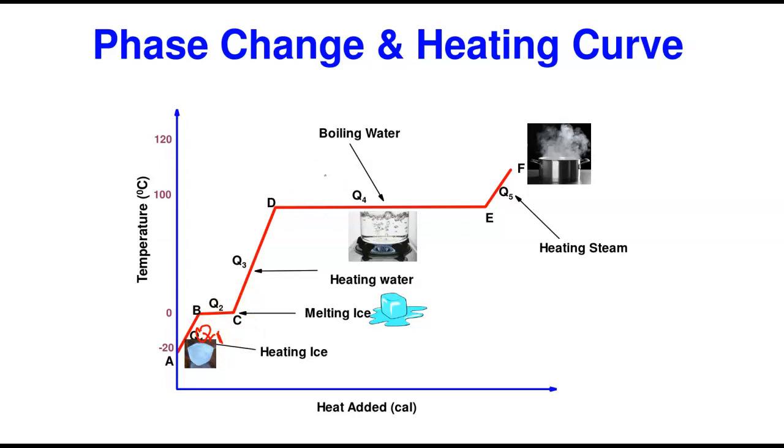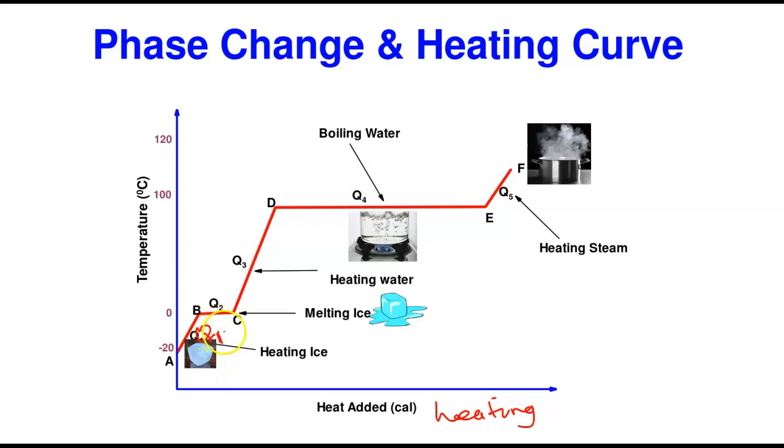Now, what is happening? If I start with ice and I start adding heat, it simply means heating. I'm heating it up. That is why this is the heating curve. My temperature is on the vertical axis. I start with the ice at negative 20 degrees Celsius.